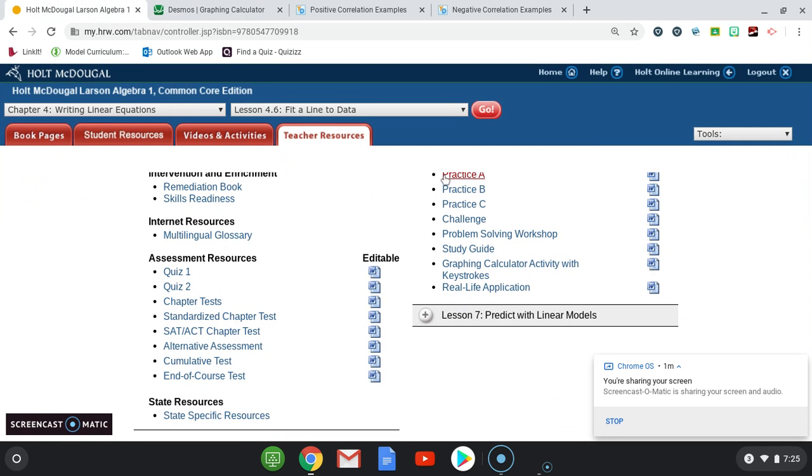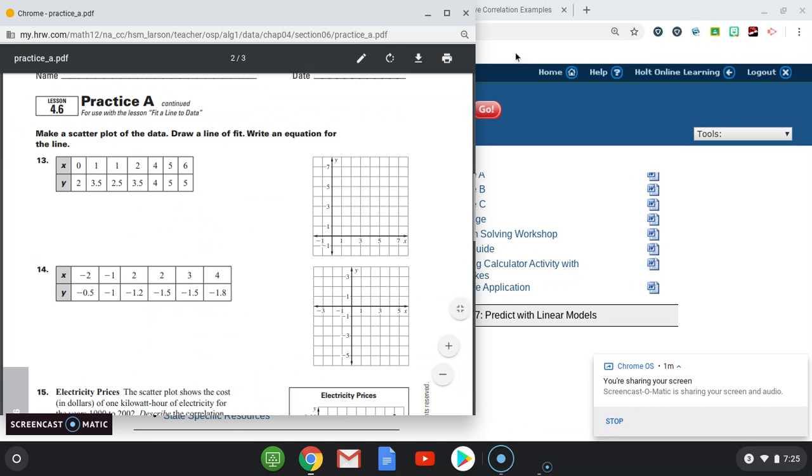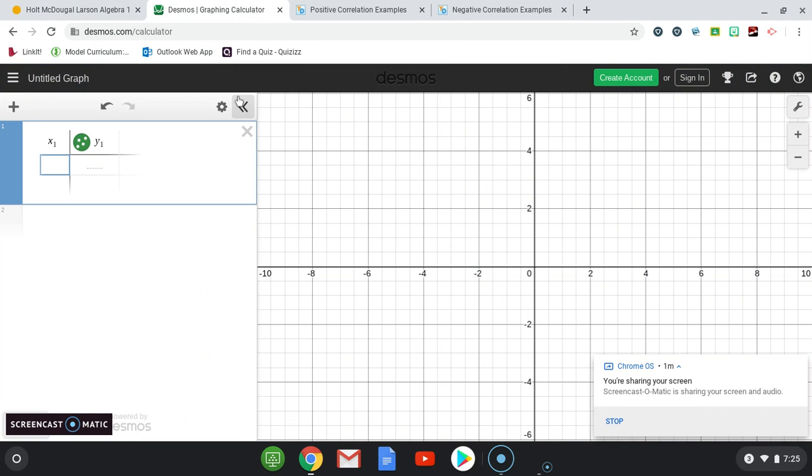And that data is, where did my thing go? There it is. My bad. Okay, so the data is 0, 2, then tab, 3.5.